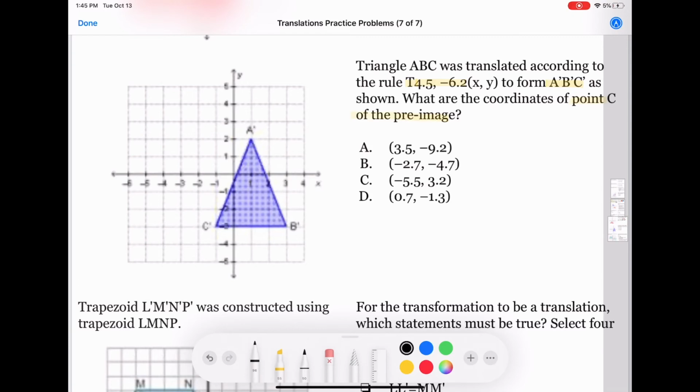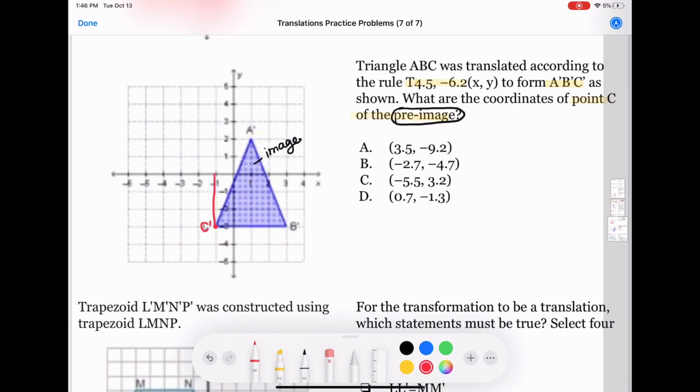Well, because we are looking for the coordinates of the pre-image and we are given here the image, we are supposed to work backwards. In order to do this, let's first identify where the vertex C prime is located.